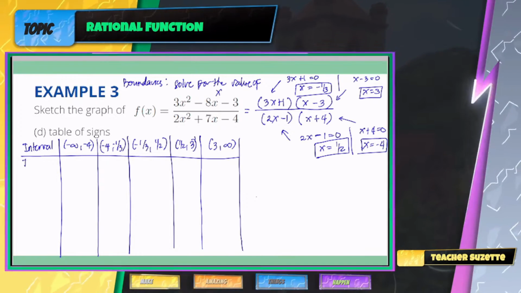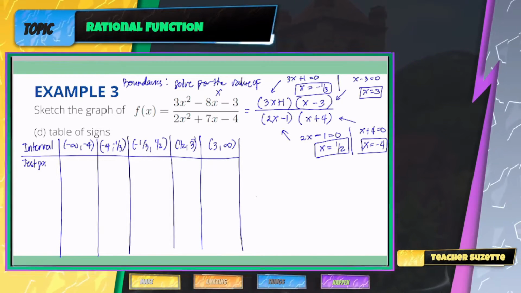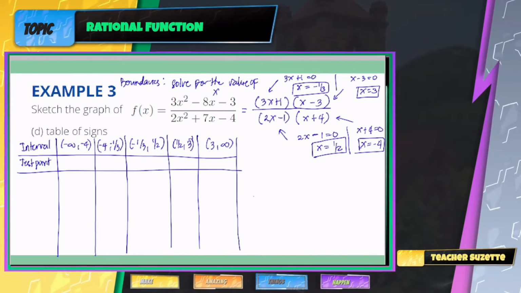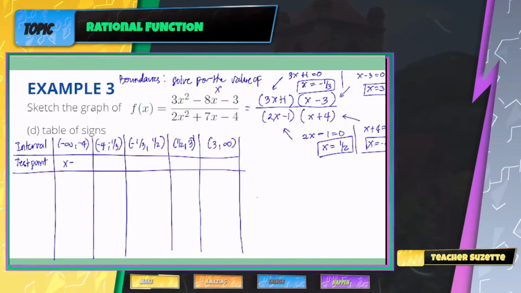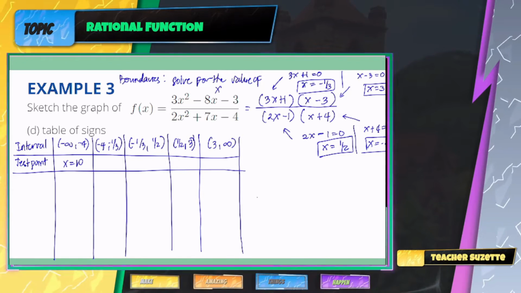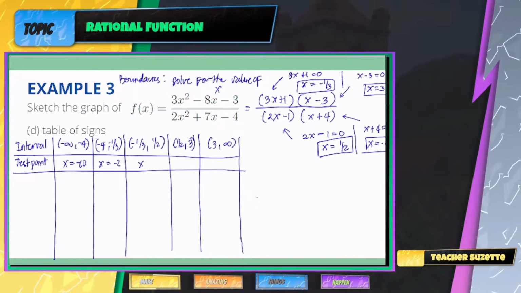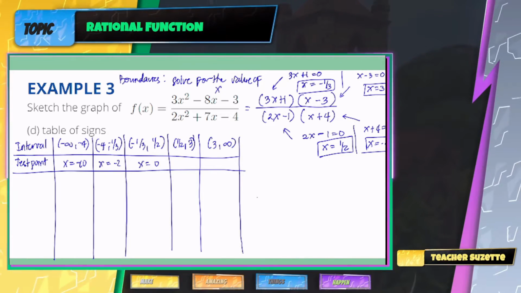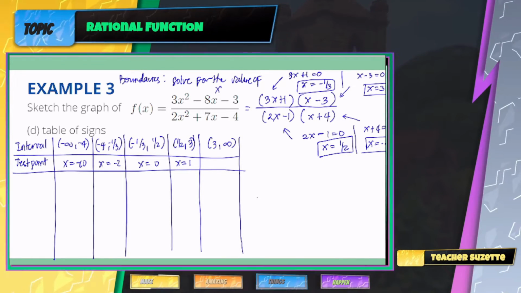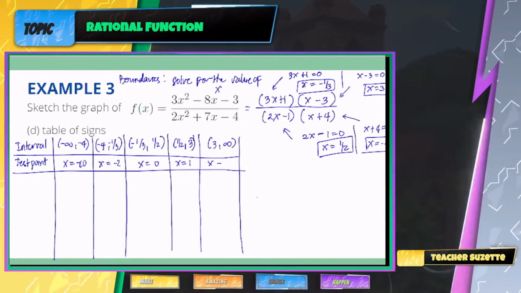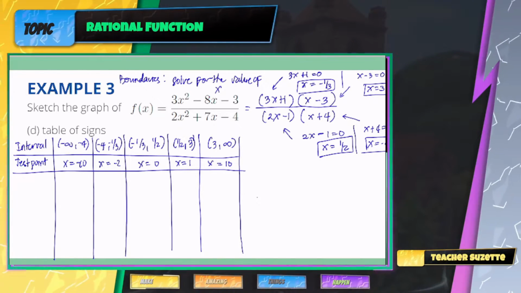So, let's now assign our test points. Let's say that we will assign x is equal to negative 10 for this one. Then, x is equal to negative 2. Then, for these, x is equal to 0, x is equal to 1, and x is equal to 10. Now, saan natin siya iti-test?